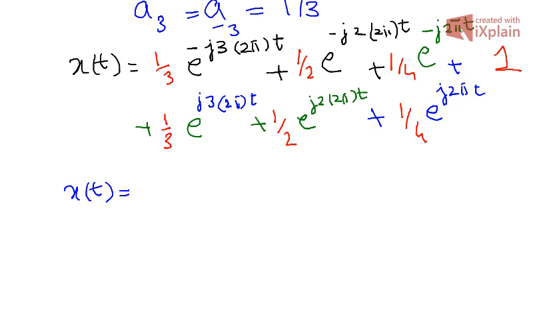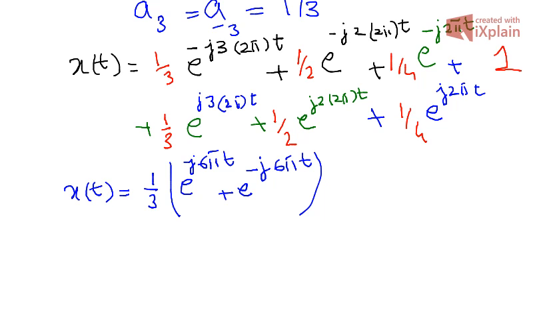Now if we rearrange these terms, we can take 1 over 3 common from these two terms. So let's take 1 over 3 common and rewrite our equation. I'll write 1 over 3, and inside the brackets I have e raised to the power j 6 pi t plus e raised to the power minus j 6 pi t.